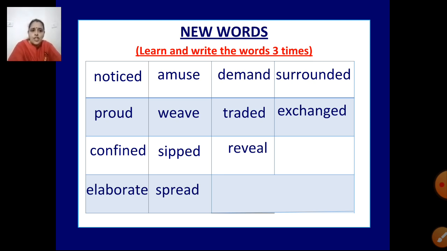E-X-C-H-A-N-G-E-D, exchanged. The next is gathered. G-A-T-H-E-R-E-D, gathered.